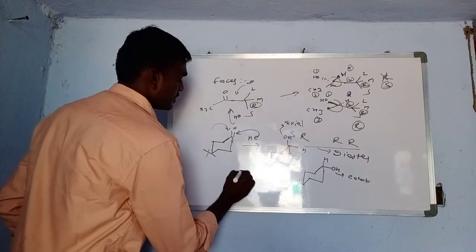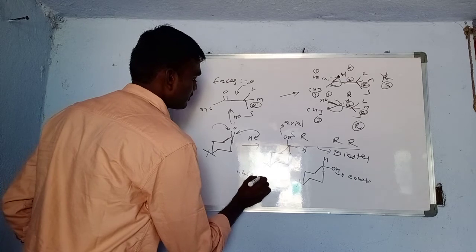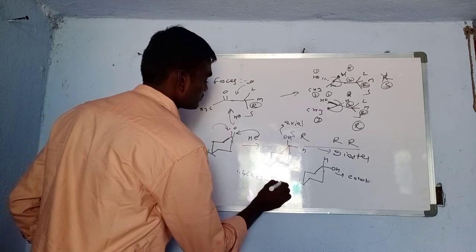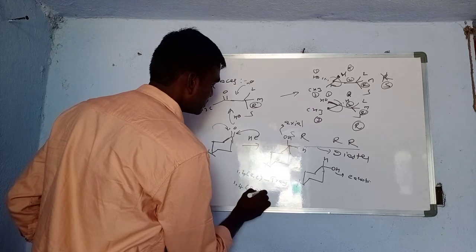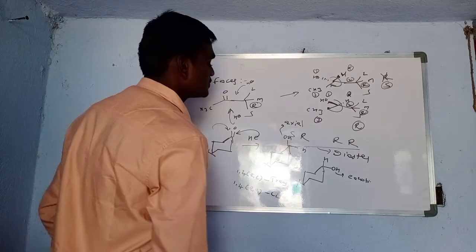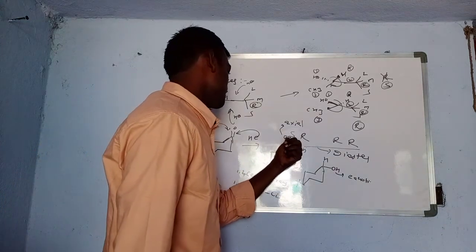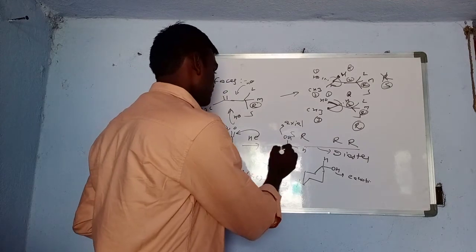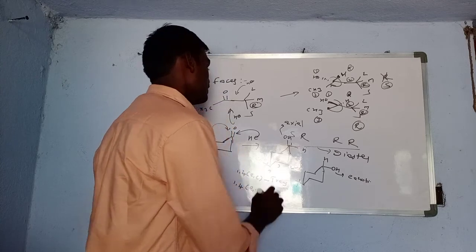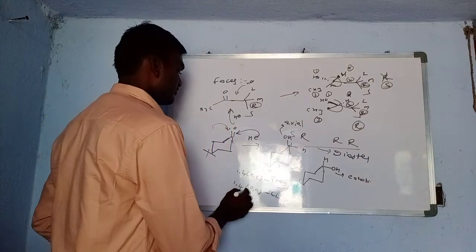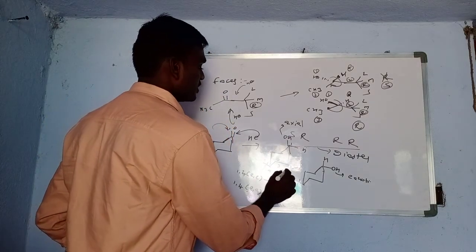You should remember, at 1,4 positions, equatorial-equatorial is trans, and at 1,4 position, equatorial-axial is cis. So in this molecule, if you take 1, 2, 3, 4, the 1,4 position is equatorial-axial, so it will be a cis compound.